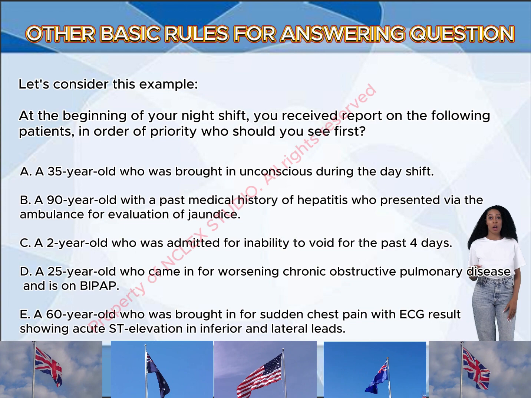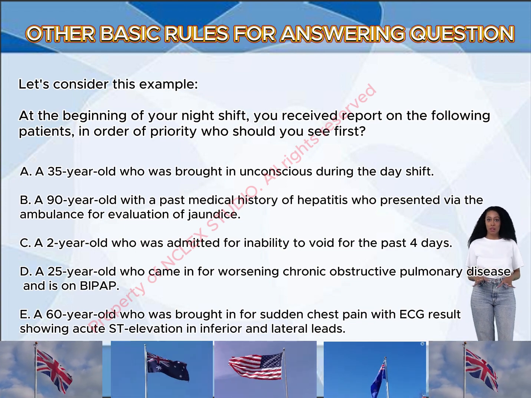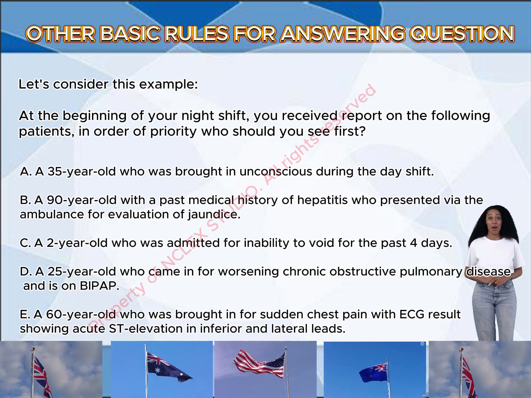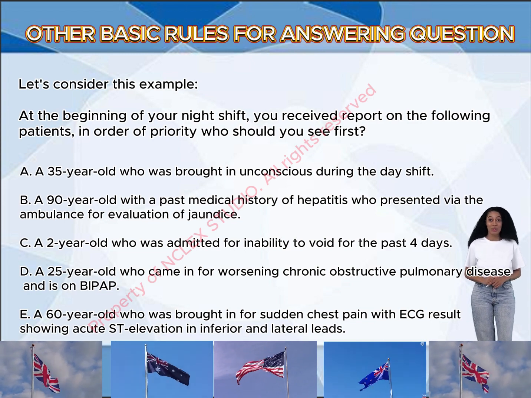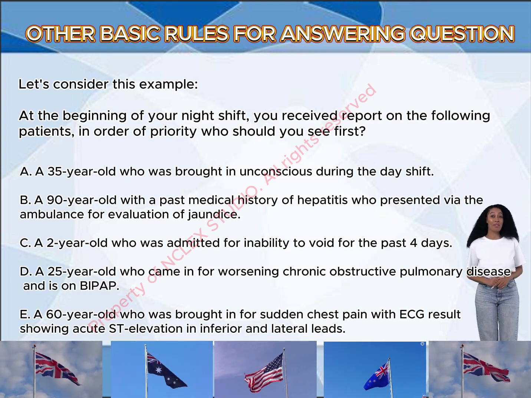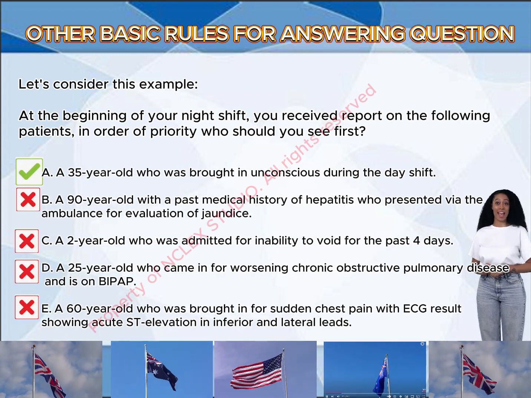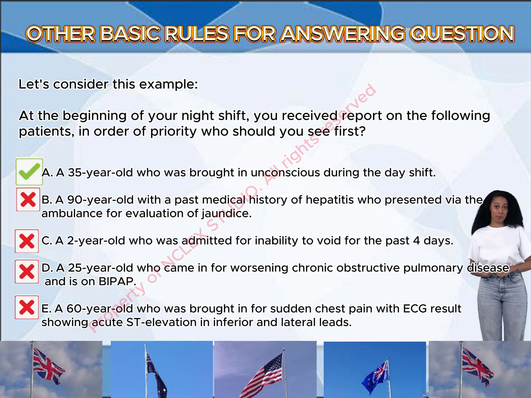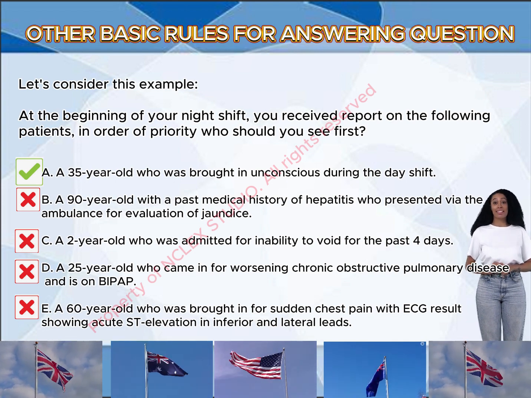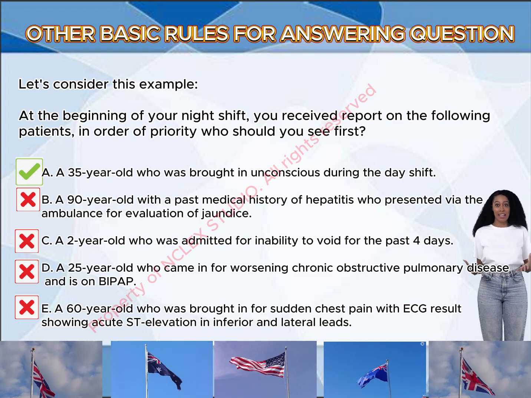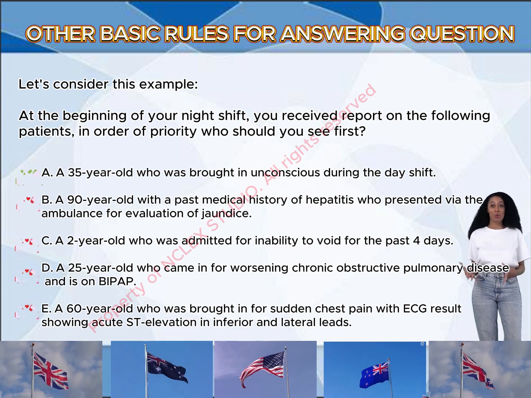D, a 25-year-old who came in for worsening chronic obstructive pulmonary disease and is on BiPAP. E, a 60-year-old who was brought in for sudden chest pain with ECG results showing acute ST elevation in inferior and lateral leads. Following the rule of organ vitality, A is the correct answer, as the brain is the most vital organ. No one can tell what is happening to an unconscious patient until he is first properly investigated. Thus, he is the priority in this question.